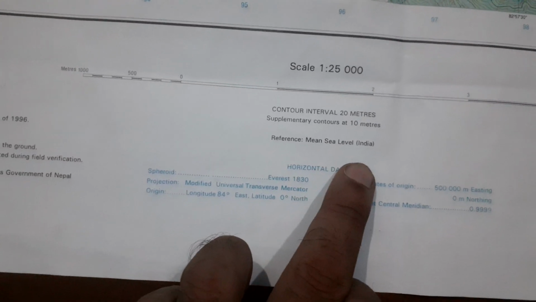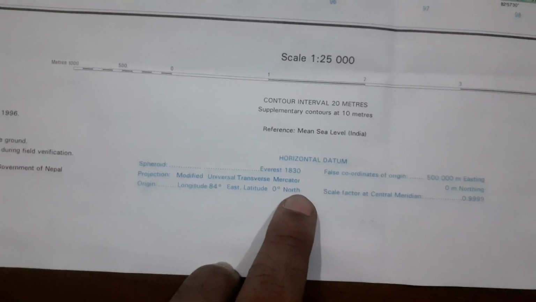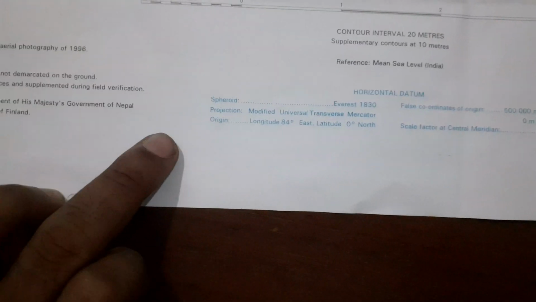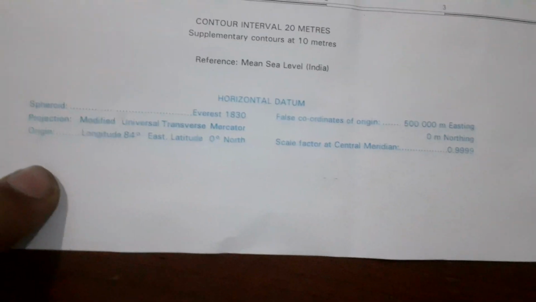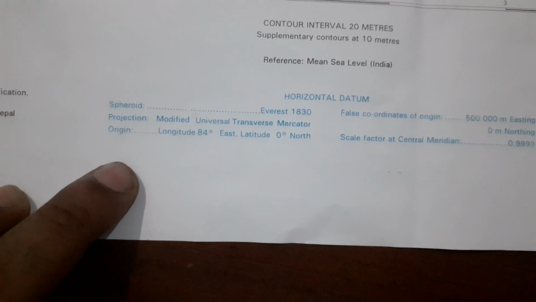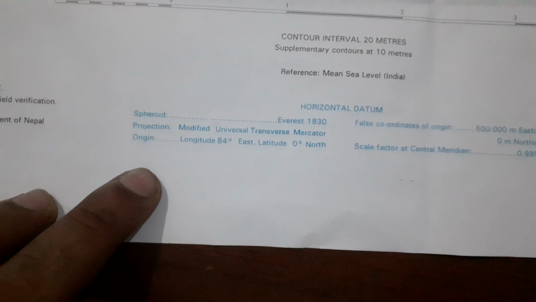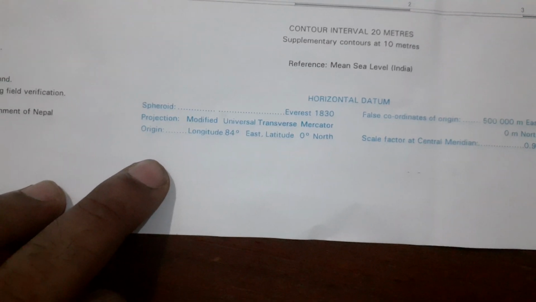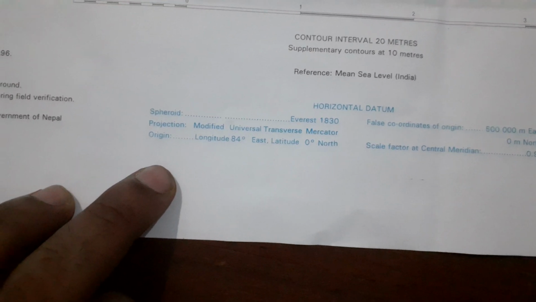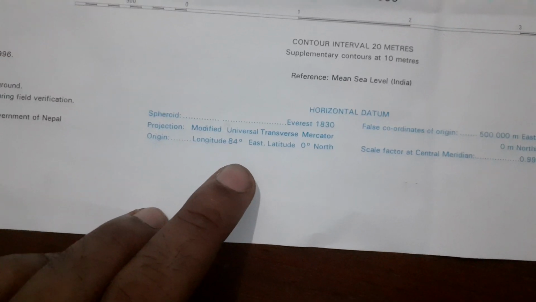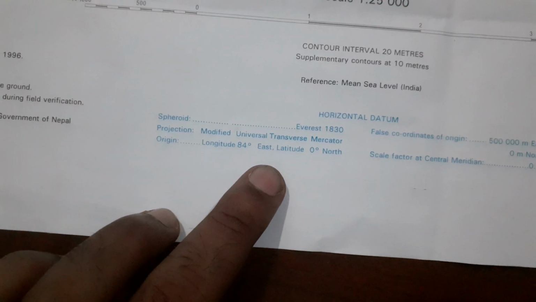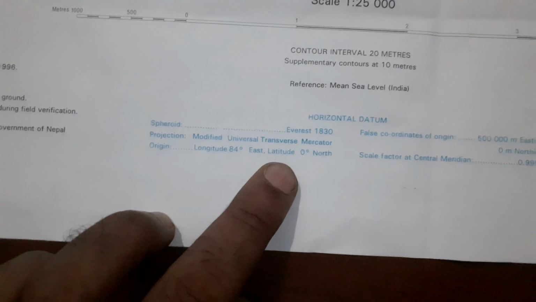Reference is MSL India, and this information has been given: Spheroid Everest 1830, projection is MUTM, origin 84° east longitude, 0° north.